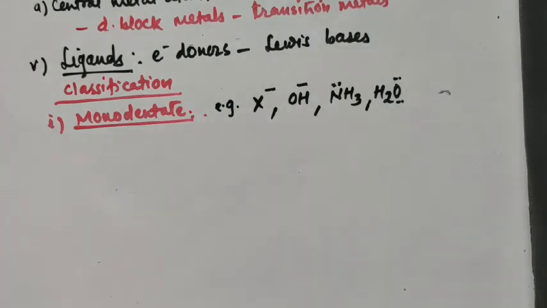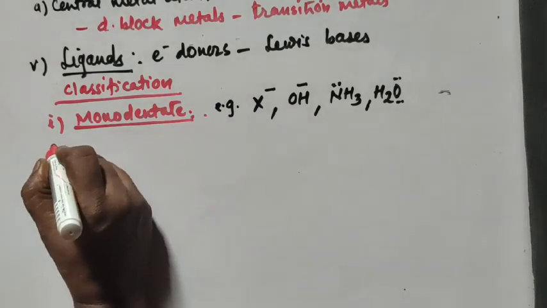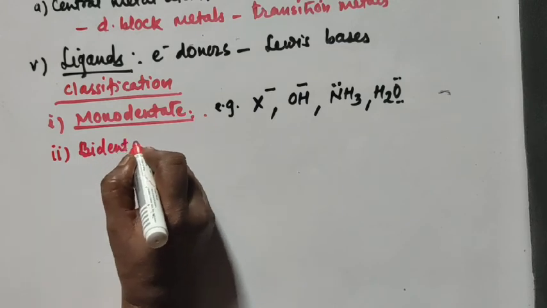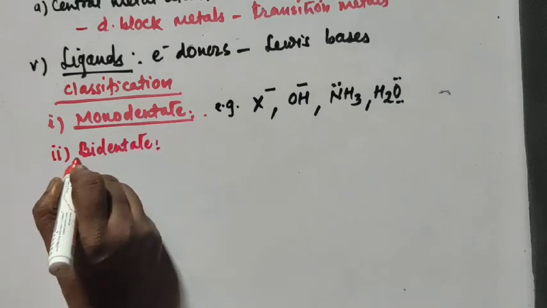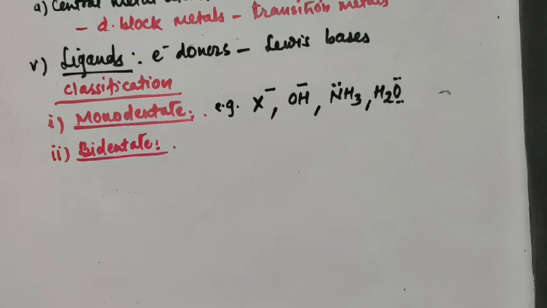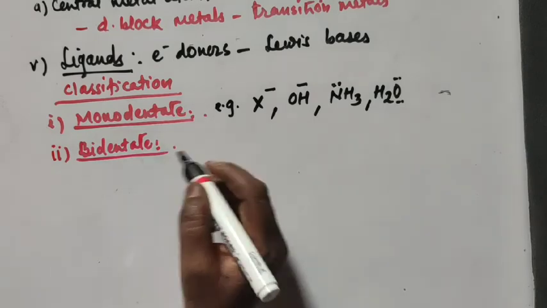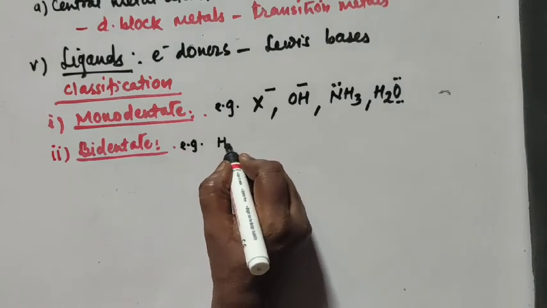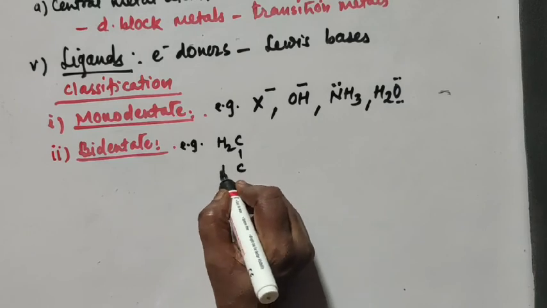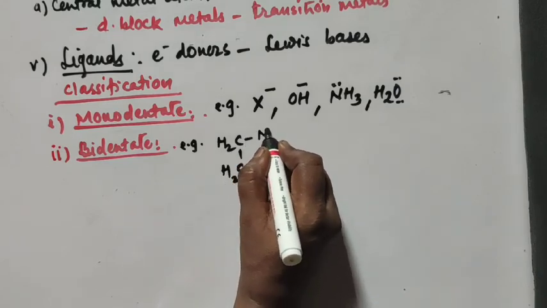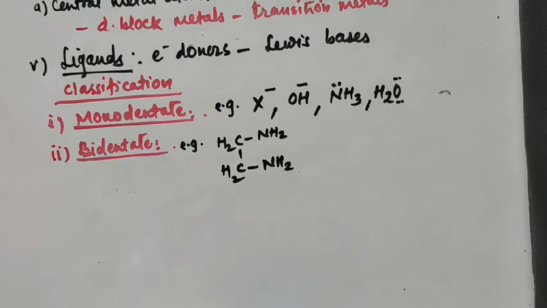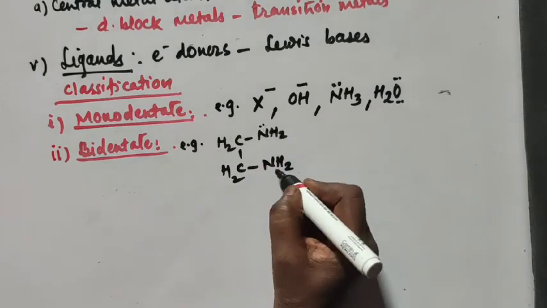Then another class is didentate or bidentate ligand. I'll write here, bidentate. Bi means two. Two atoms are there which can donate an electron pair, and the example of this type is CH2, CH2, NH2, NH2. Two nitrogen atoms are here which can donate an electron pair.